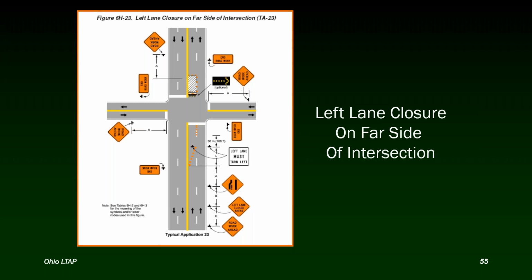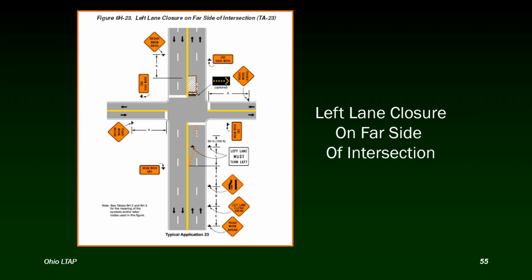Then here we have a 4-lane roadway at an intersection, and the crew is working in the left lane on the far side of the intersection. It gives you the signage package and the placement of cones, how they've created a taper and an entry. They've created a left turn lane here on the near side of the intersection, and the different signs to consider. But when you read the notes page for this, it also gives you another option to handle traffic.